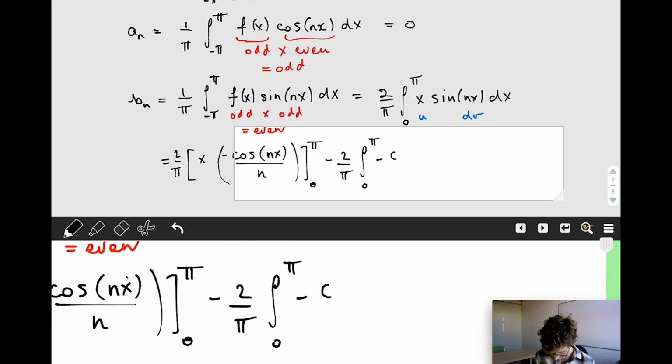So that's minus cosine nx over n times du, which is just dx.